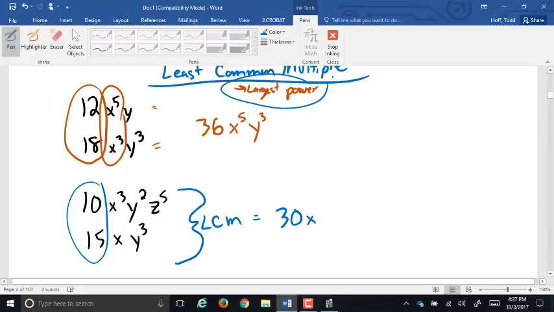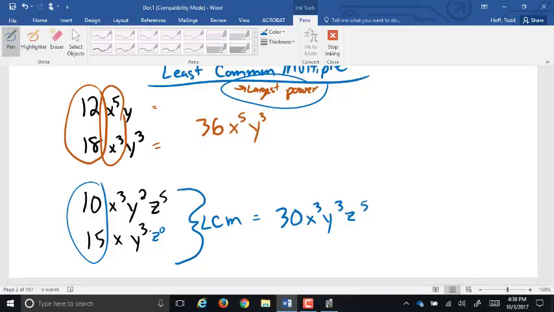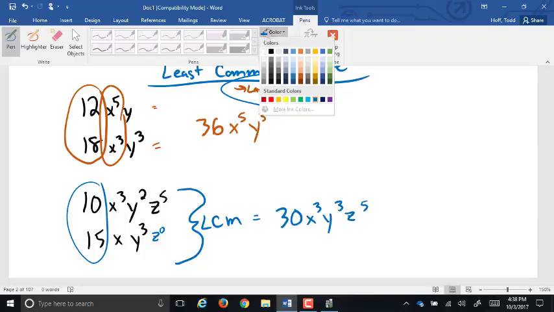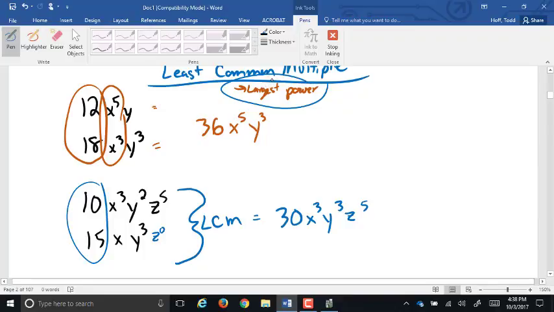It's the largest power, so it'll be 3. How about y? Y to the 3rd. Does the z appear in the least common multiple? It does. Z to the 5th is its largest power. I could think of this down here as being z to the 0 if I wanted to. But every variable appears in the least common multiple. If it appears in either one, it's in the least common multiple. So 30x to the 3rd, y to the 3rd, z to the 5th would be the least common multiple.